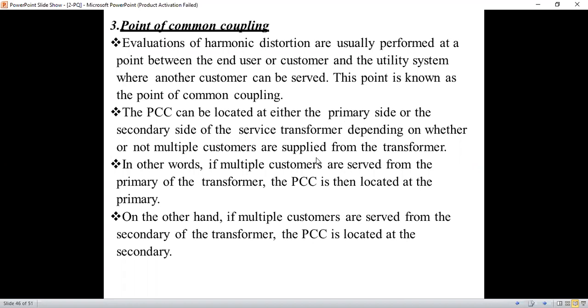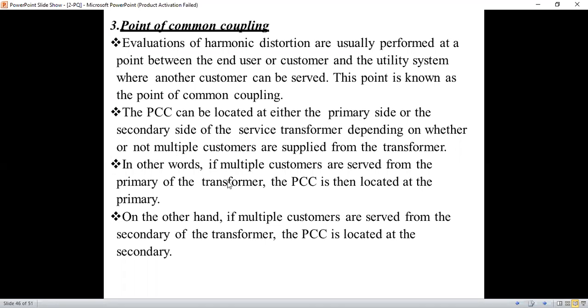The PCC can be located at either side, depending on whether or not multiple customers are supplied from the transformer here now.